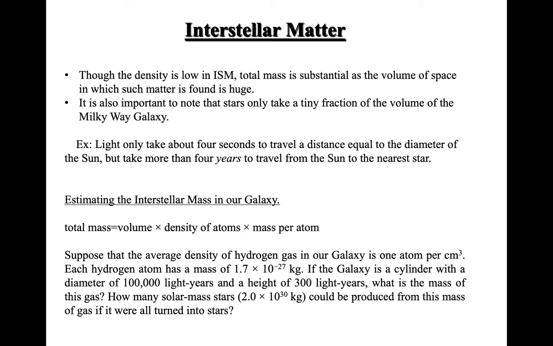This will not happen, all the interstellar material will not turn into stars. But if you assume all this material turns into solar mass stars, and I have given the mass of the sun here, then how many stars will this amount of interstellar material be able to produce, right?